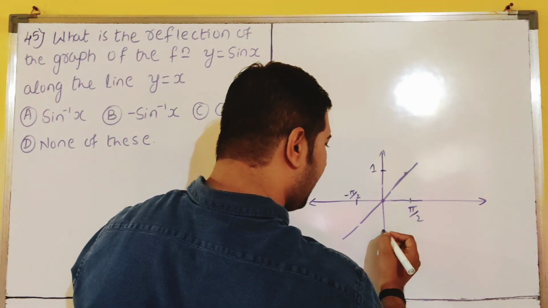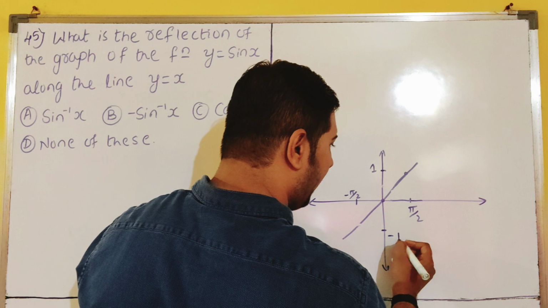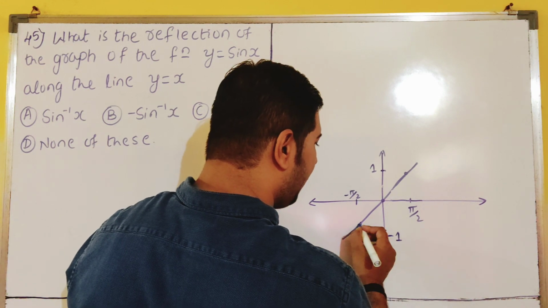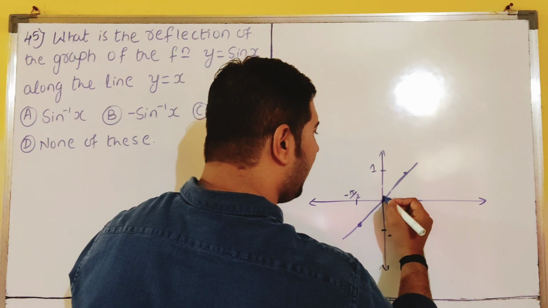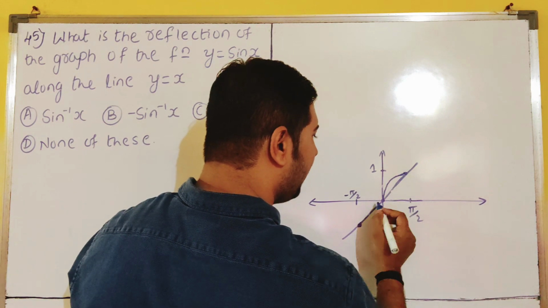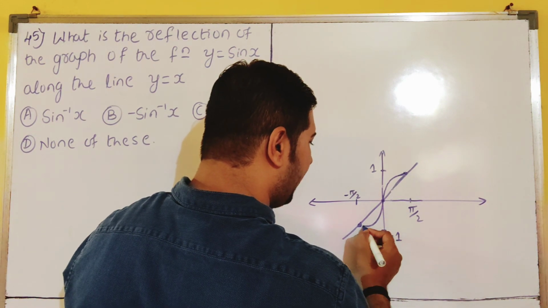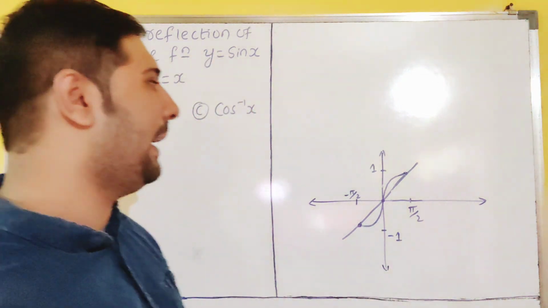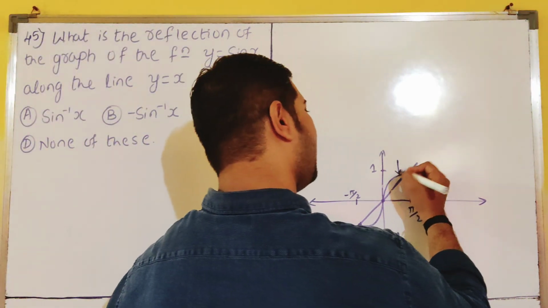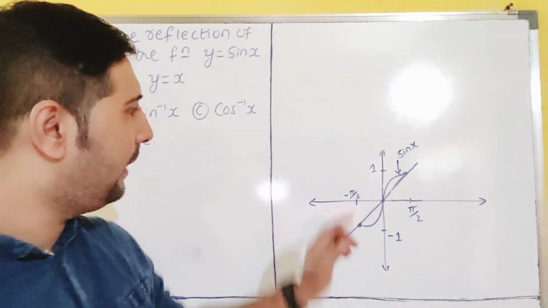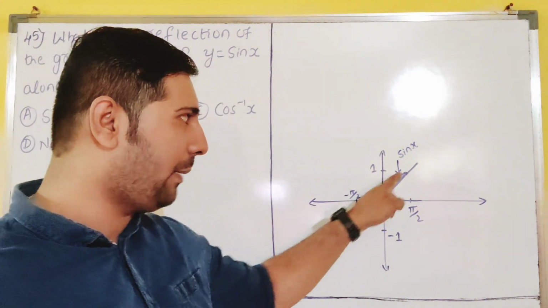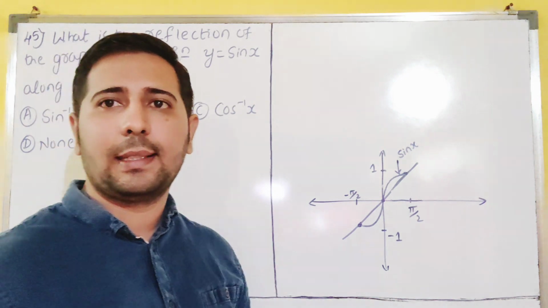Sin minus 90 is minus 1. Here the point is there, you think. So if I join them, sin is going like this. And it is coming like this. This is nothing but sin x graph. Like this it is there. So this is sin x.